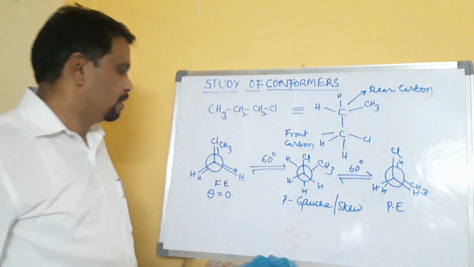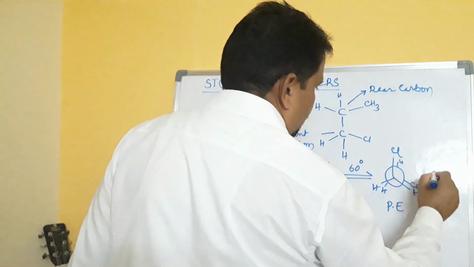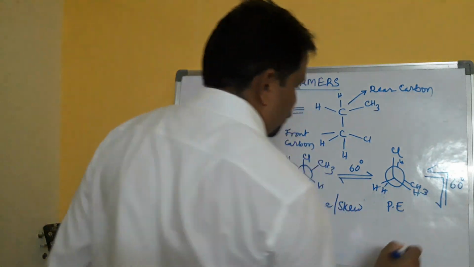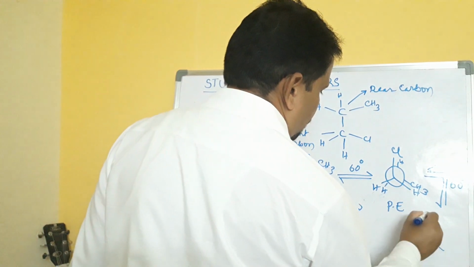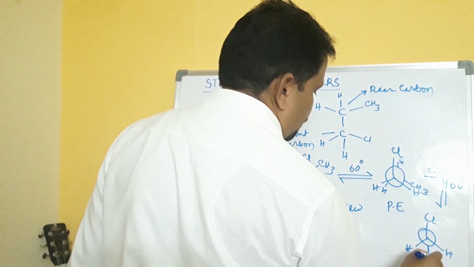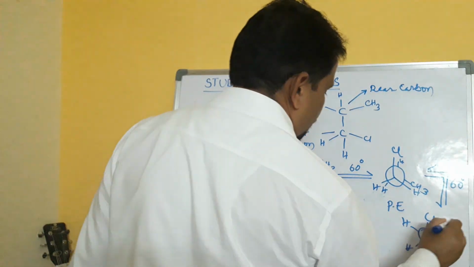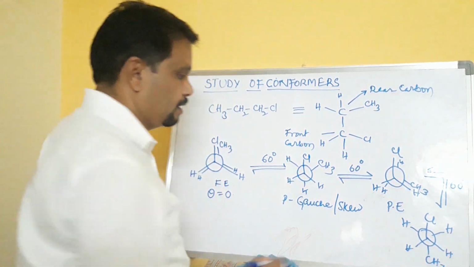If you rotate another 60 degrees, you will get this conformer: chlorine, hydrogen, and hydrogen, CH3, hydrogen, and hydrogen. This is the staggered conformer or anti-conformer.